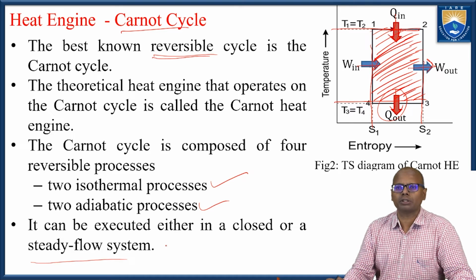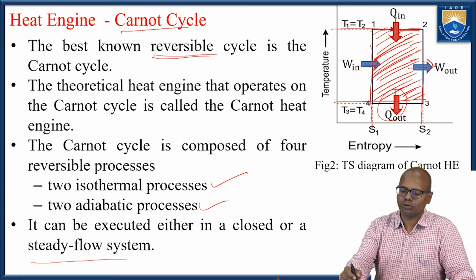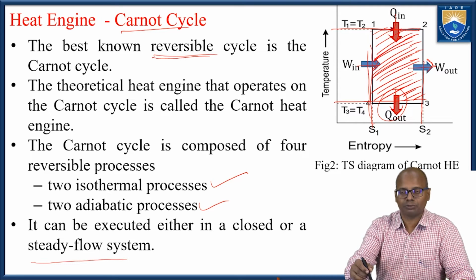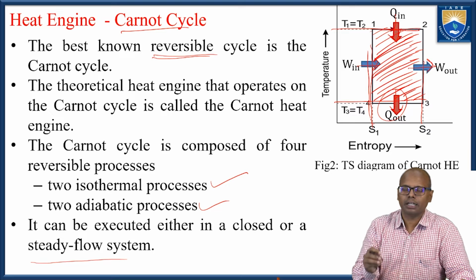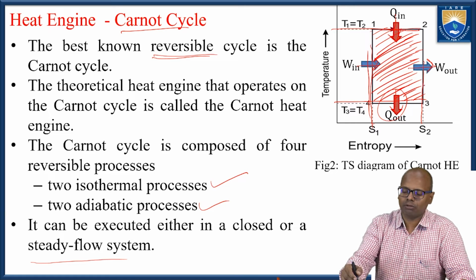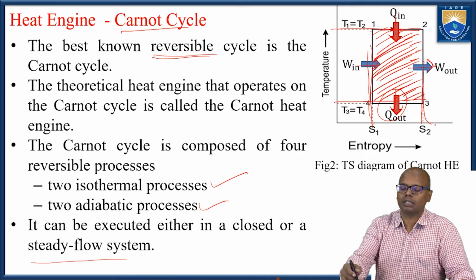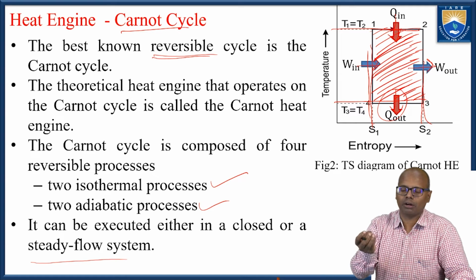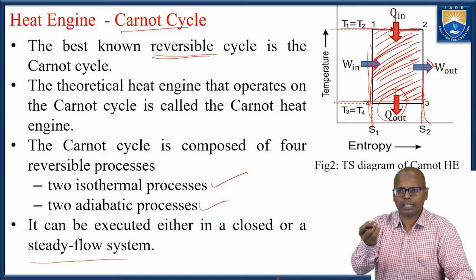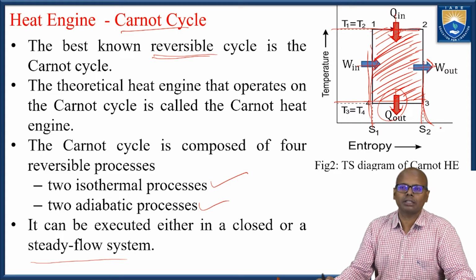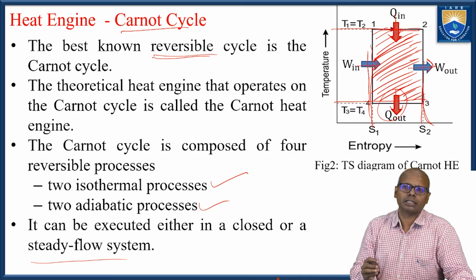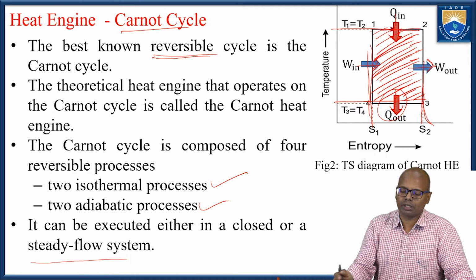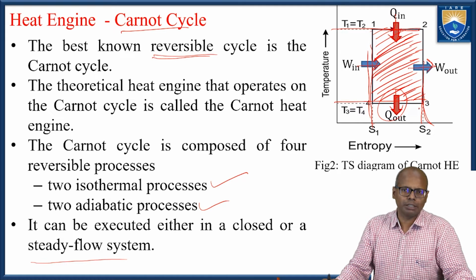The steady flow process means fresh fluid is taken into the compressor every time, and whatever remains in the turbine after extracting work from the fluid is rejected to some kind of sump. So you cannot extract the maximum amount of energy when you are using a steady flow process.